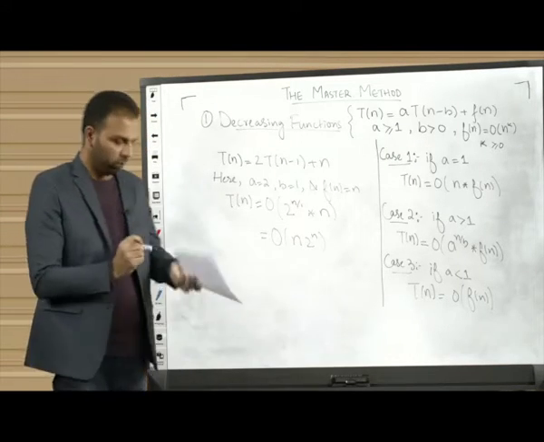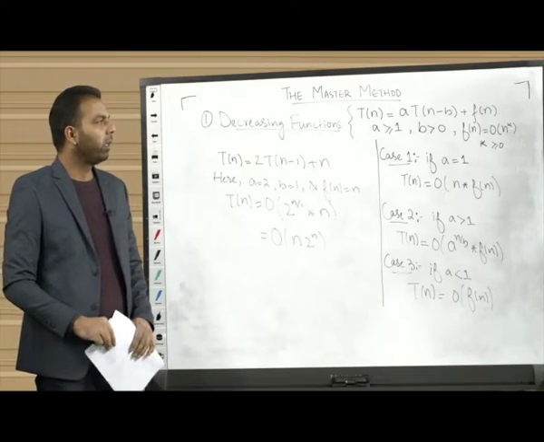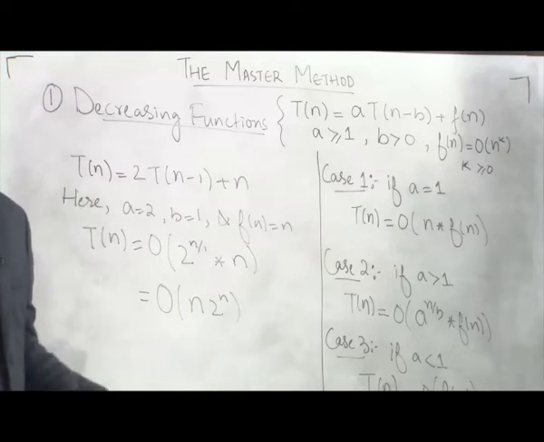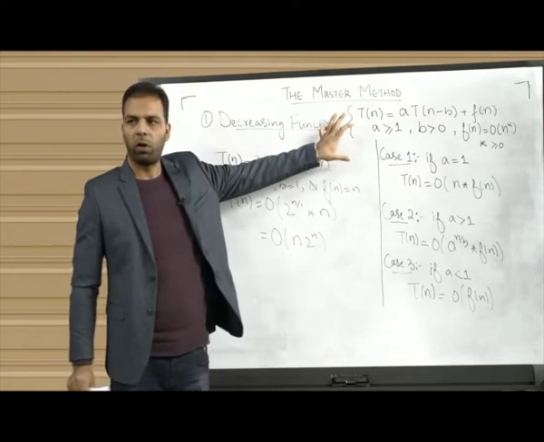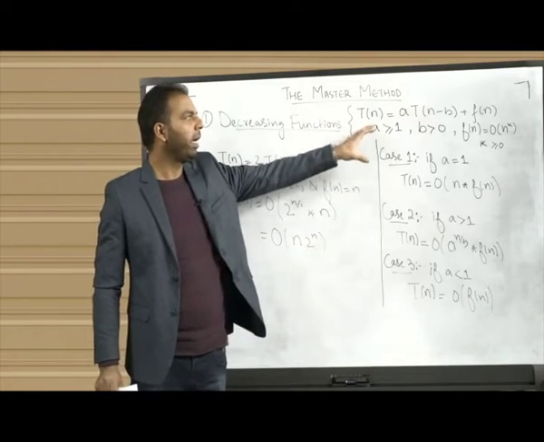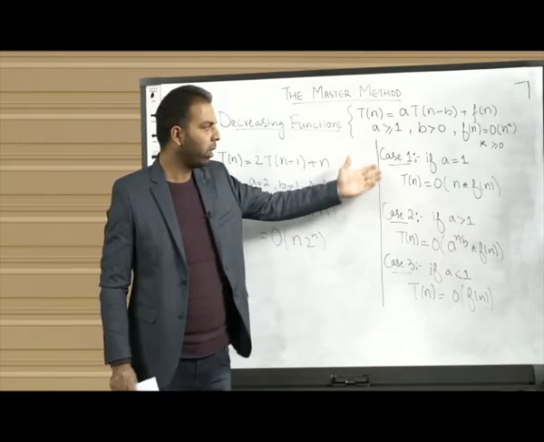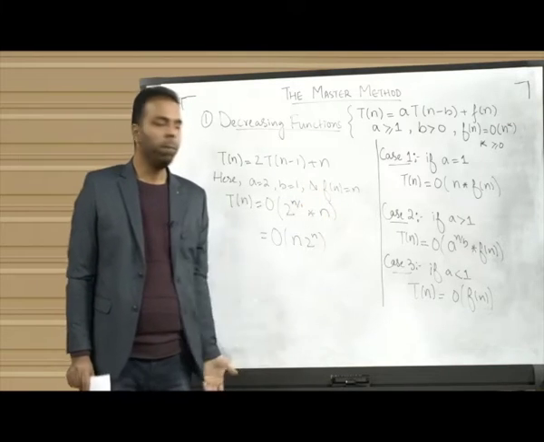So we have seen Master's theorem for decreasing functions, wherein we saw the basic template of the decreasing function, that T(n) is equal to aT(n-b) + f(n). And then we saw two cases, when a is equal to 1 and the other case was when a is greater than 1.